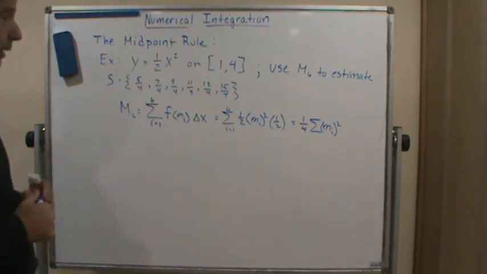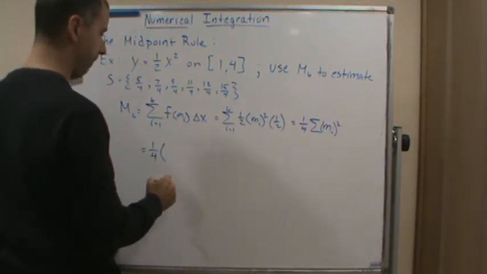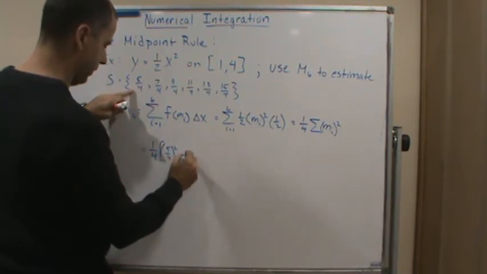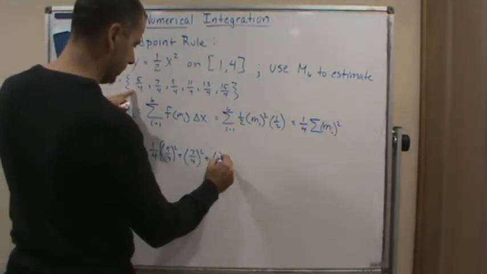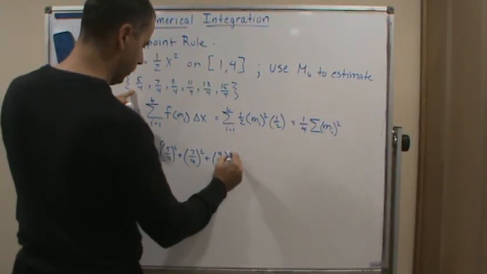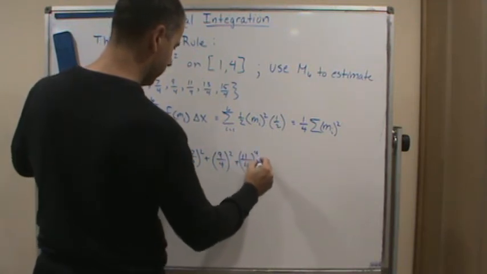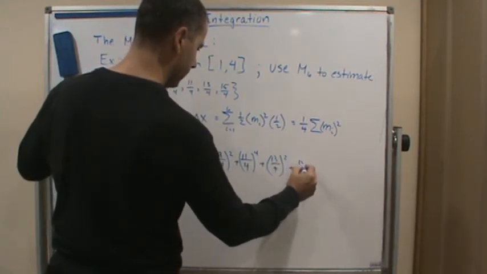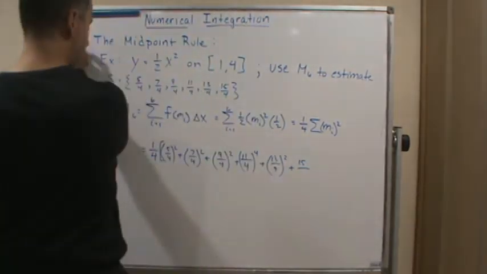Now it becomes 1/4 times 5/4 squared plus 7/4 squared plus 9/4 squared plus 11/4 squared plus 13/4 squared plus 15/4 squared.